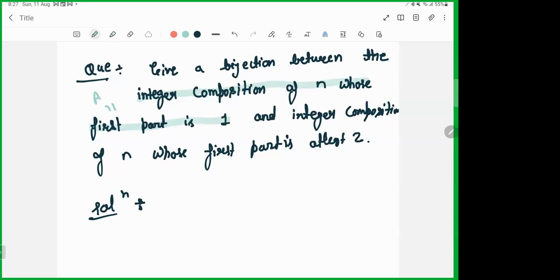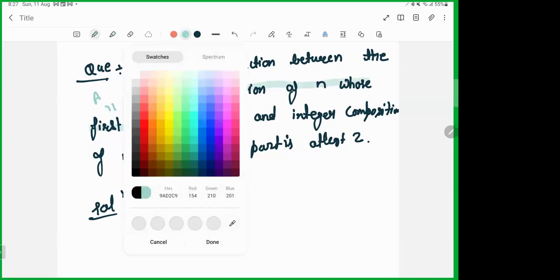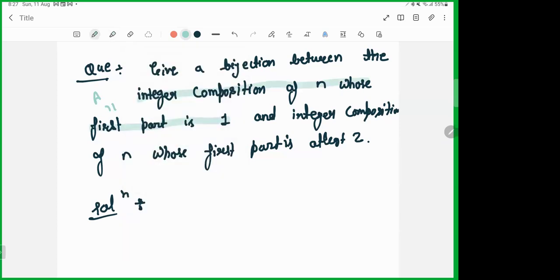Integer compositions of n whose first part is 1. This is set A. And the second thing: integer compositions of n whose first part is at least 2. Let's denote this by B. So now tell me what you are saying.